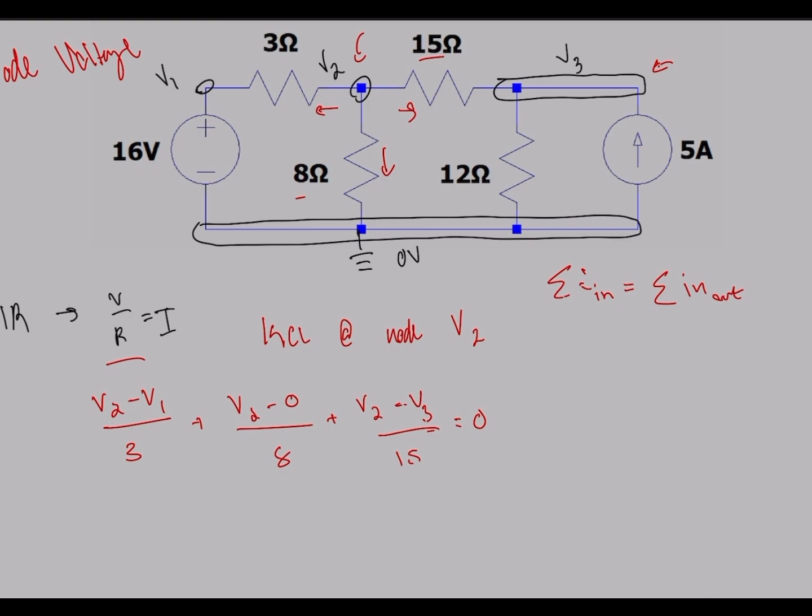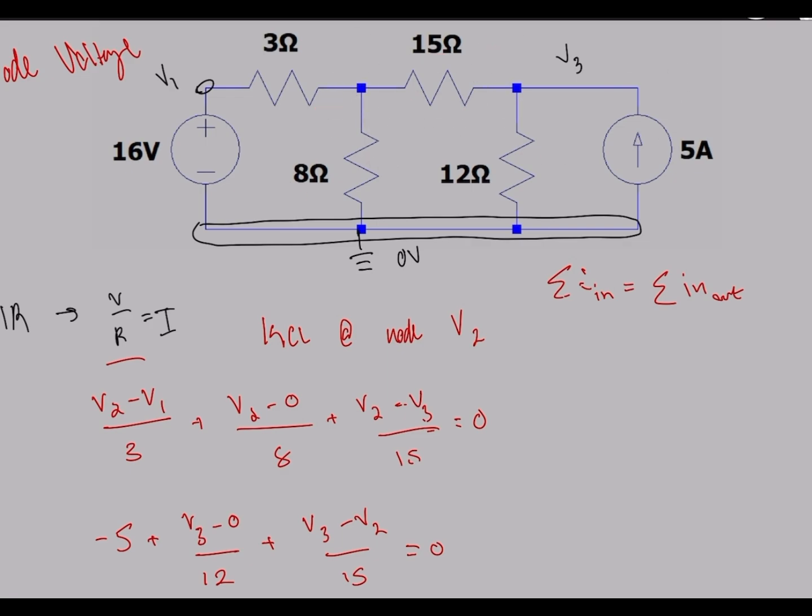So if we're using the convention of all the currents exiting the junction, we'll have negative 5 amps leaving, plus the current through this 12 ohm, which will be V3 minus the reference divided by 12 ohms, plus the current going through the 15 ohm here, which will be V3 minus V2 over 15, and that's equal to 0. Again, this is all an application of KCL. Let's get rid of these real quick.